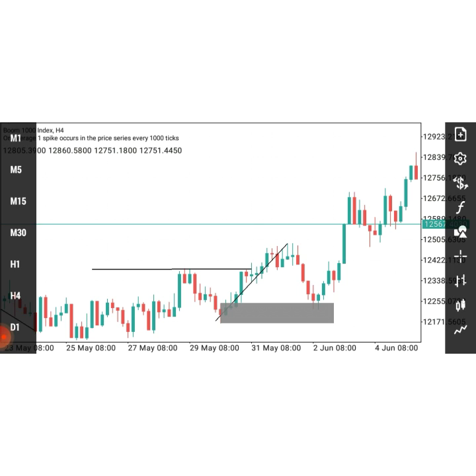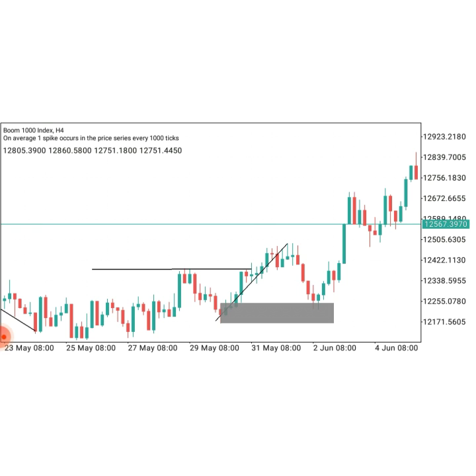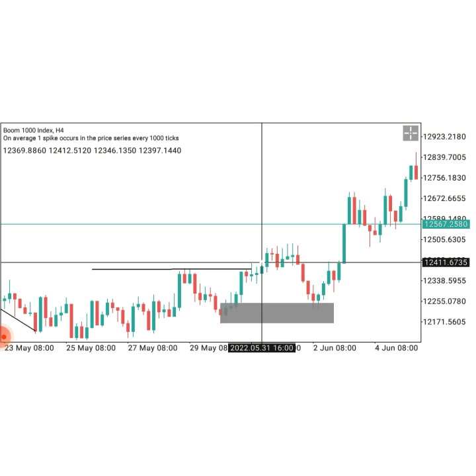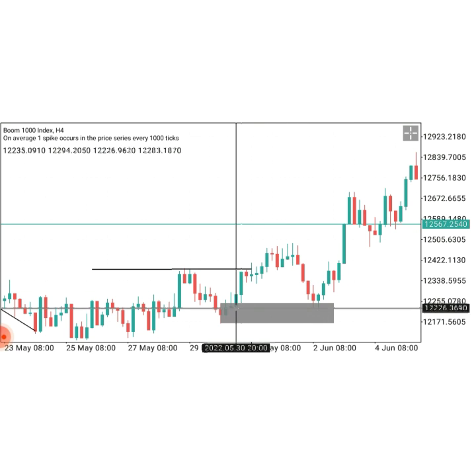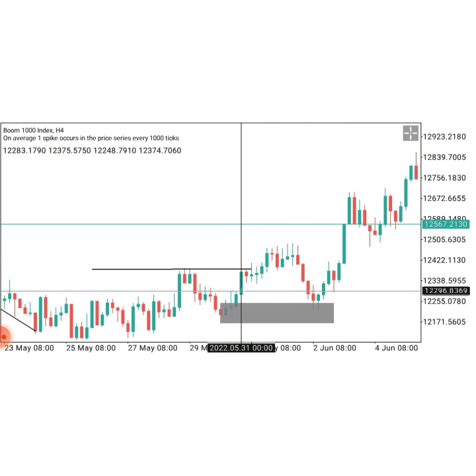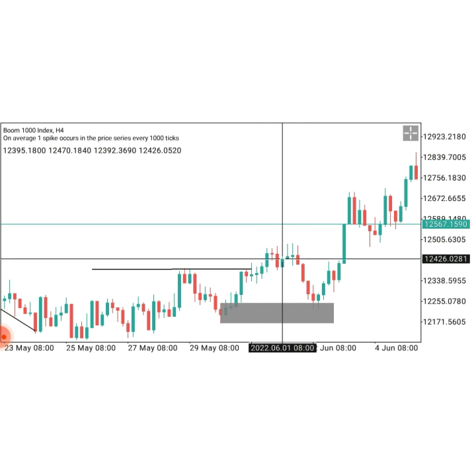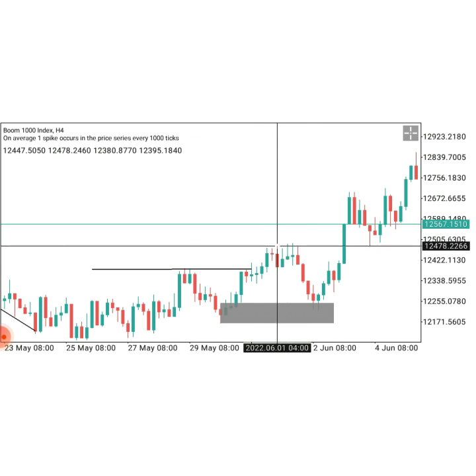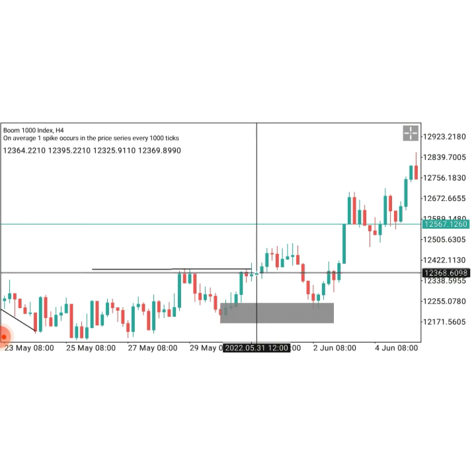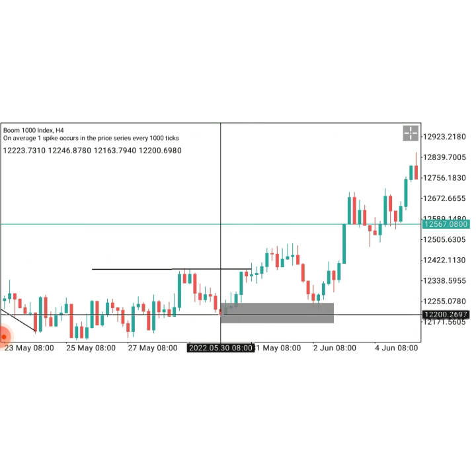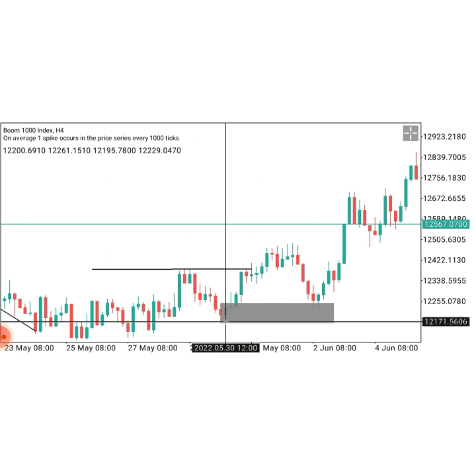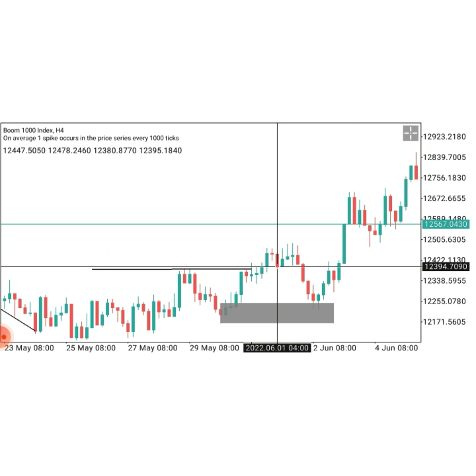Okay, cool. So let me remove this. The market just broke this high, right? Let's say the market is around here. So if the market just broke this, we're going to mark our last bearish candle before this up move. Okay, cool, we marked it.